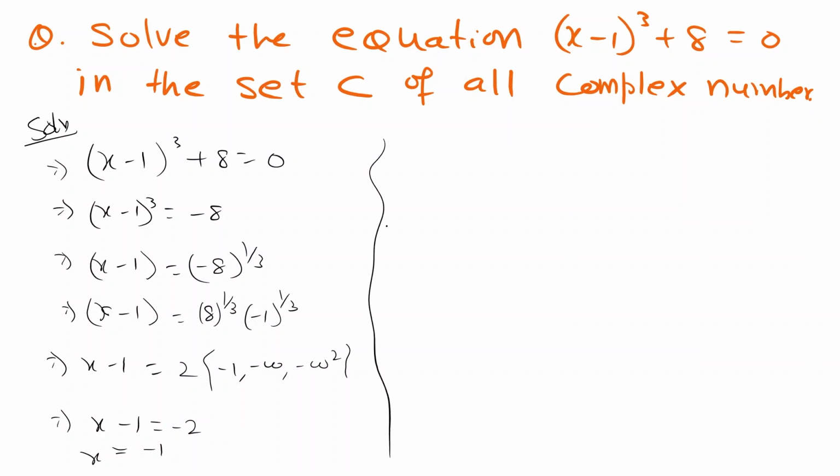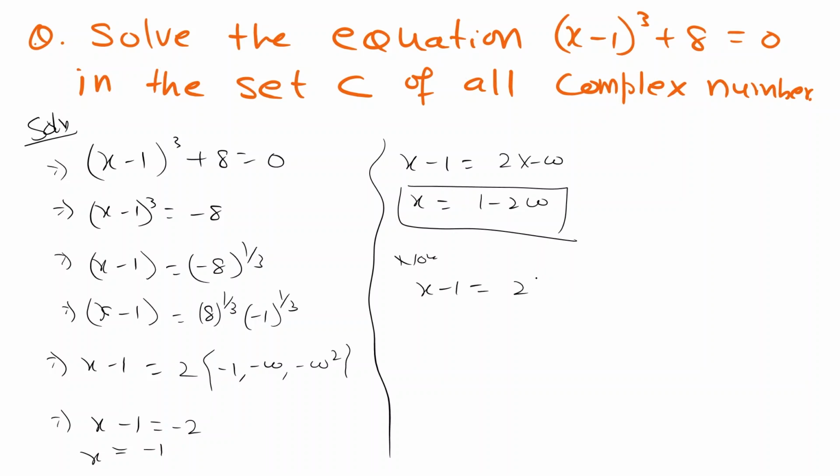Now when you take the second one, x minus 1 is equal to 2 into minus omega, so x is equal to 1 minus 2 omega. And the third one, the last one, is x minus 1 is equal to 2 into minus omega square, so x is equal to 1 minus 2 omega square, right? So this is the solution of this equation.